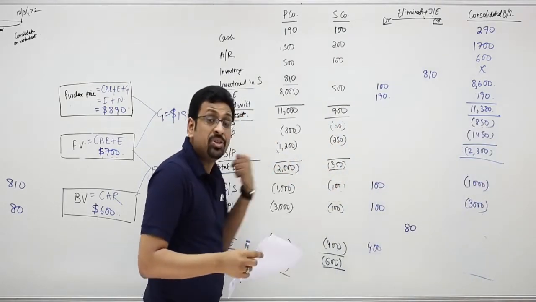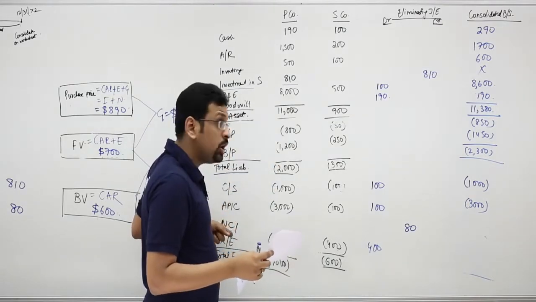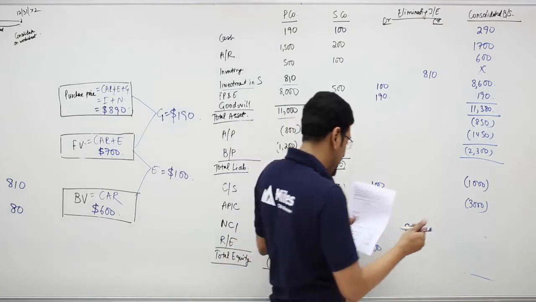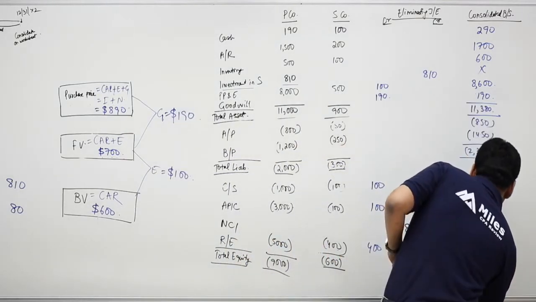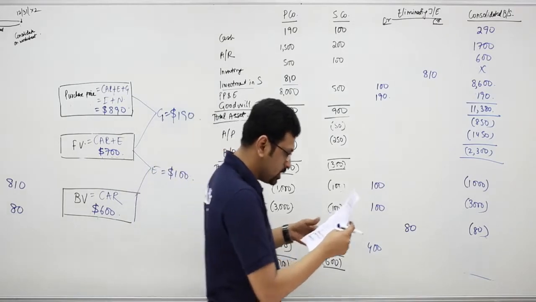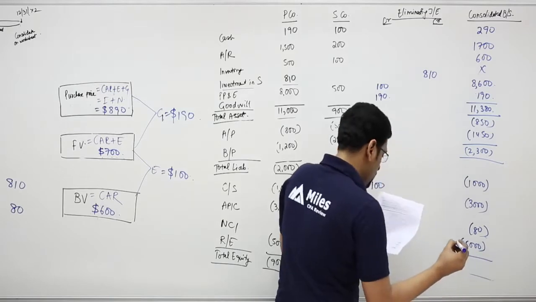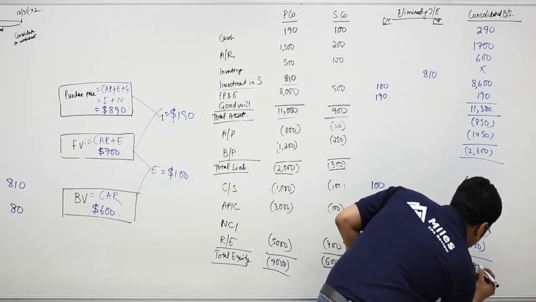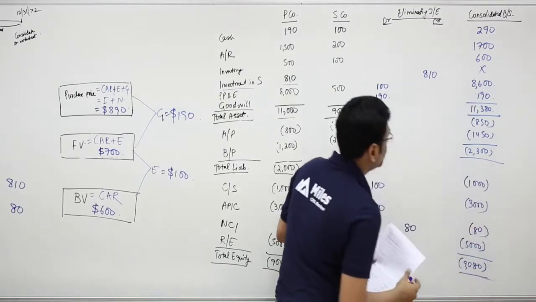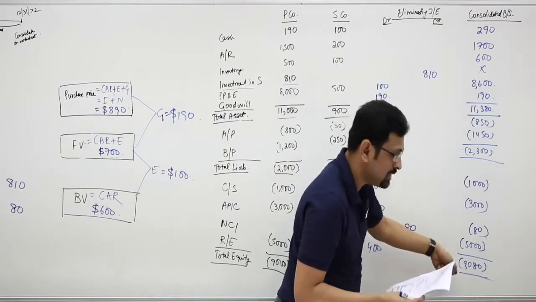I own only 90% of the subsidiary. 10% of the subsidiary is owned by these non-controlling interest holders. So they've got $80 in here. And you got retained earnings. That's only my retained earnings, $5,000. Calculates to $9,080. Quick check. 11,380 minus 2,300 gives us 9,080.